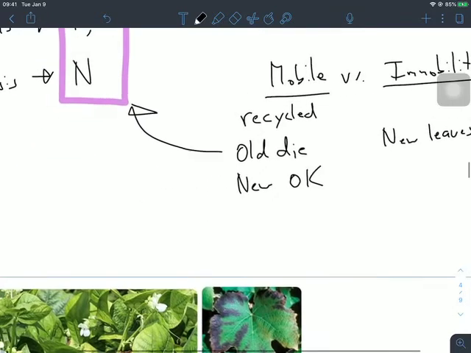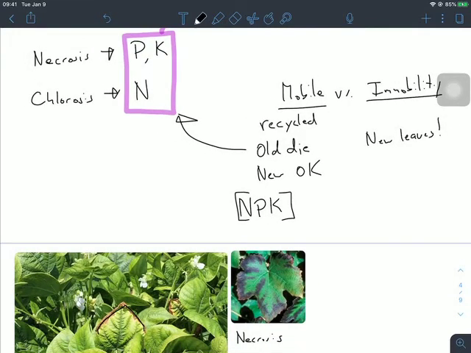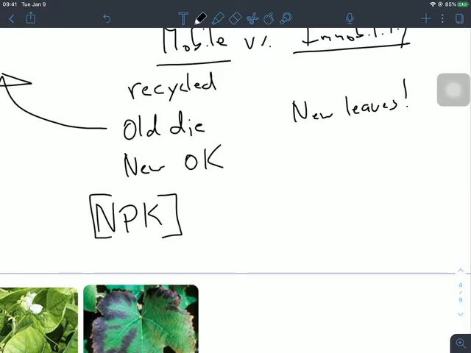As an example of some of our mobile nutrients, you've got N, P, and K. They frequently will be recycled from old leaves to new leaves. Not that the old leaves couldn't use them, but rather that the plant is sacrificing the old for the new. In terms of immobile nutrients, I shouldn't say the most common one, but the most commonly cited in plant biology classes is iron, or Fe, as well as manganese.